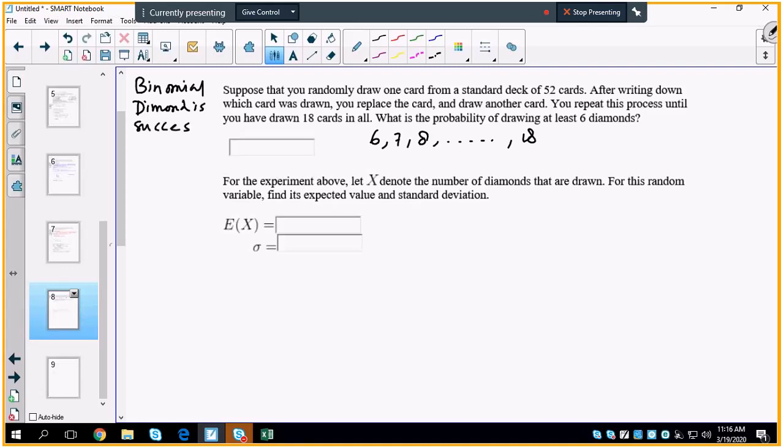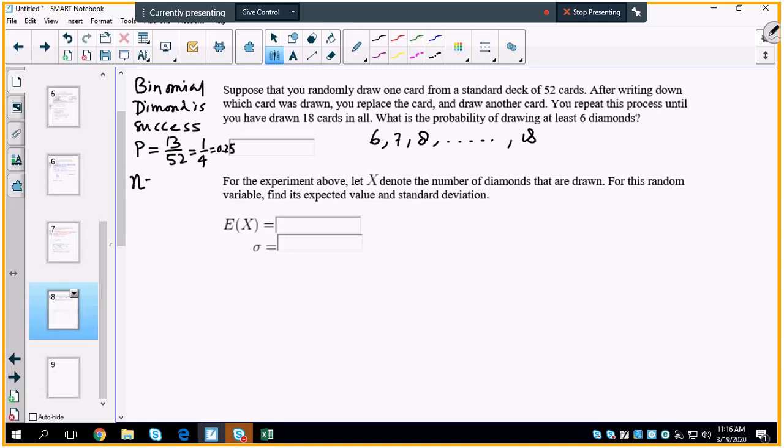Any other card is a failure. So probability of success will be what? Well, what is the chance of getting a diamond out of a pack of 52 cards? Think about it. There are 13 diamonds, so the probability of success is going to be 13 out of 52, which is 1/4, and that's 0.25. So that answers the first half of the question. It is binomial with probability of success being 0.25.